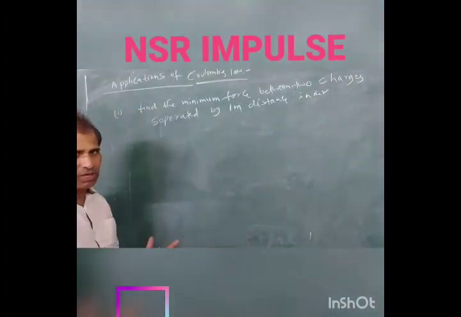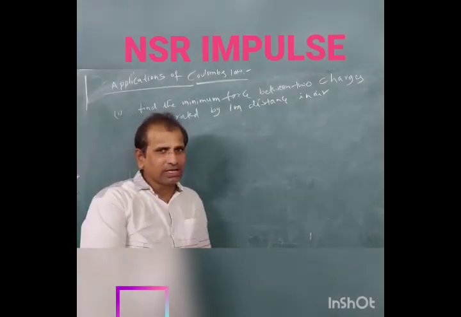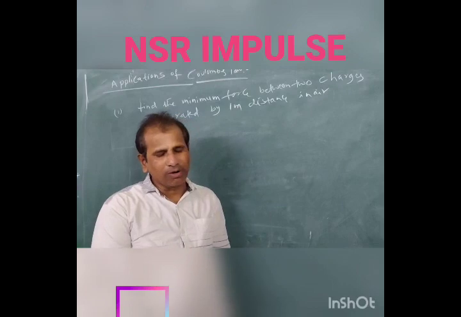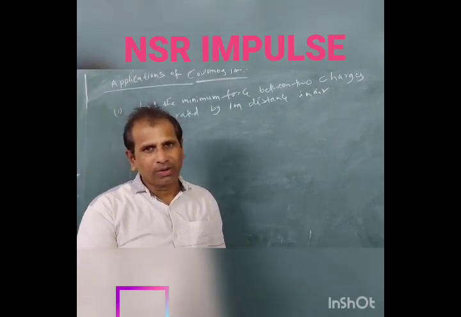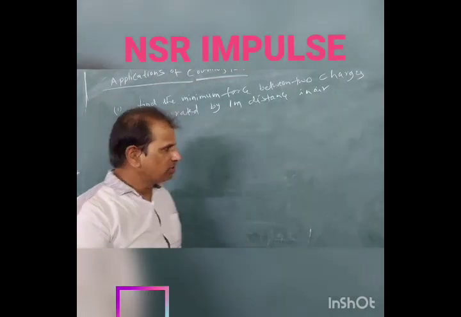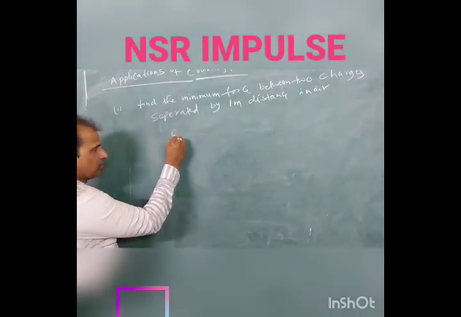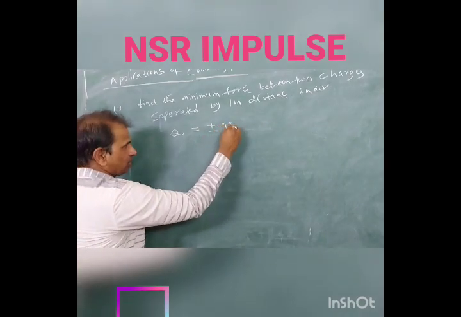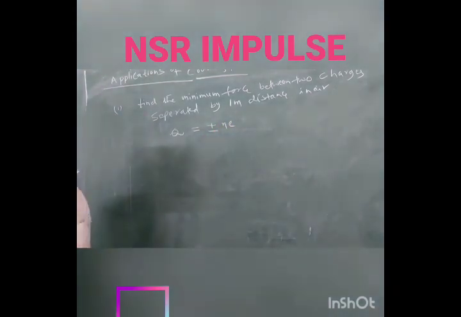First we should know one important point. Basically, there exists one important property of charge. That important property is that charge is quantized. Charge quantization means the charge on any body can be expressed as plus or minus Ne.